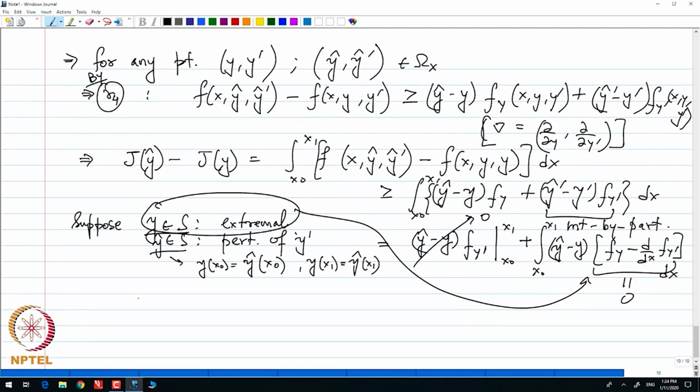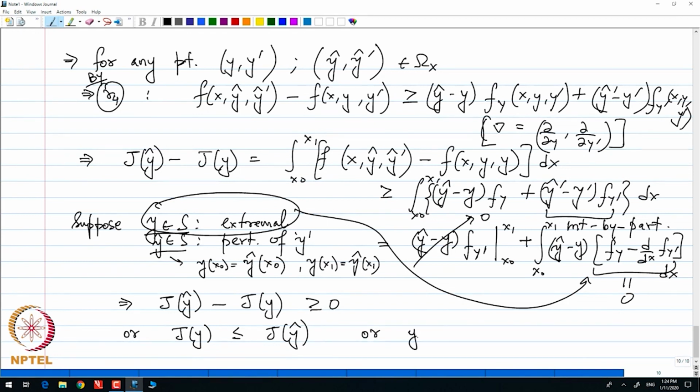So, what have we found? We have found that the difference J of y hat minus J of y is greater than or equal to 0, or J of y is less than J of y hat, or the extremal y is a local minimum of J. Okay. So, that is the conclusion that we can right away derive from our finite dimensional case.